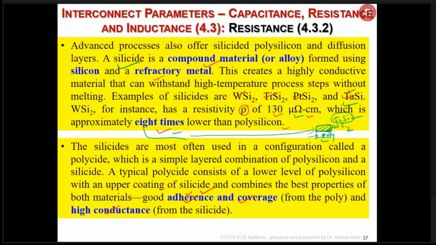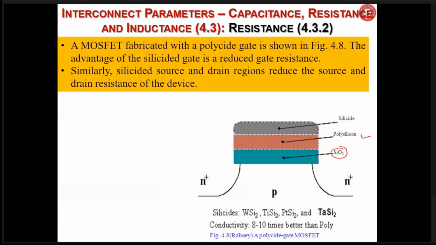See, you cannot directly use any material on the gate. For example, here, polysilicon is there on SiO2. This is your insulator on the gate. You cannot put any material here. That material will be good which has the cohesion property, sticking to your glass.